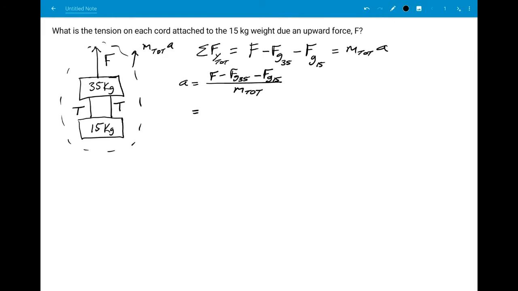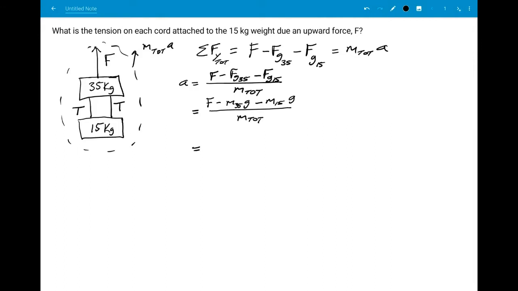Now, let's separate things out so we can see what's happening. We have the mass of the 35 times g minus the mass of the 15 kilograms times g over the total mass. Something interesting is happening here. Check this out.